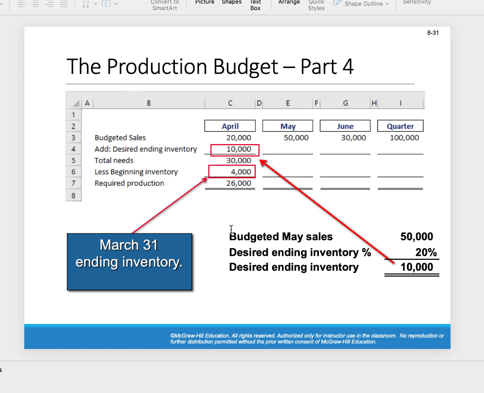They said March 31st ending inventory was 4,000 units. Well, one month's ending inventory is going to be the following month's beginning inventory. So my beginning inventory in April was 4,000. That means that I need to produce 26,000 units.